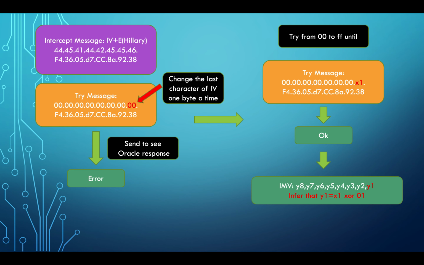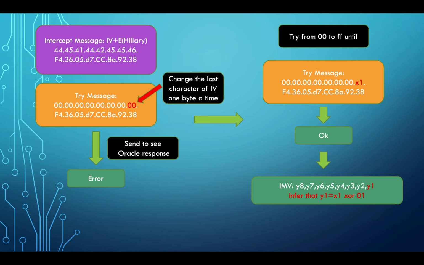We know that the system will respond OK in this case if the decrypted message is like 7 characters plus 1. Therefore, we know that IV XOR INV, here X1 XOR Y1, is 01. Then we can infer Y1 equals X1 XOR 01.